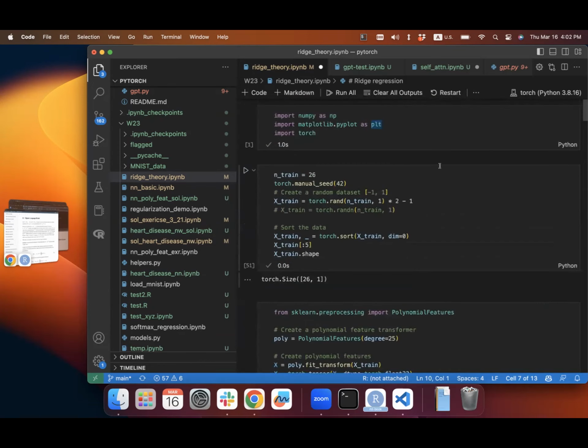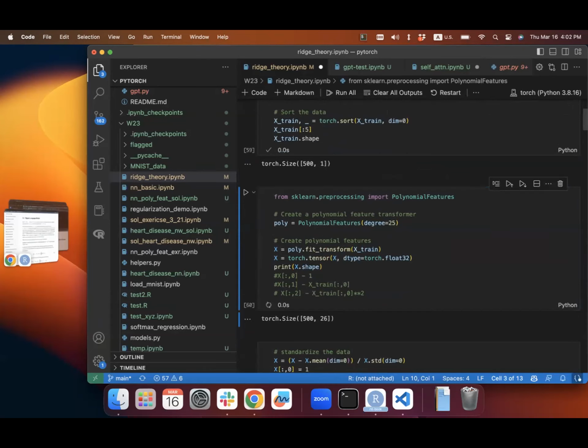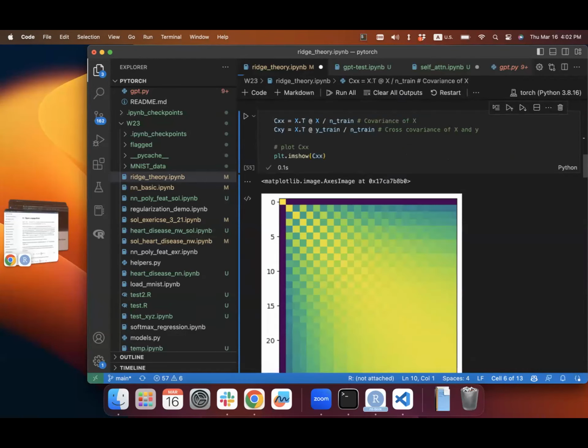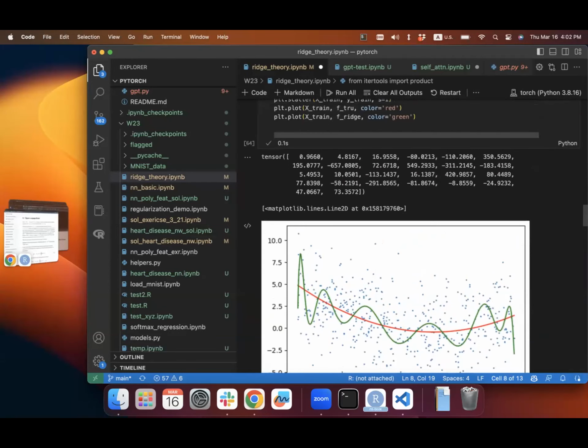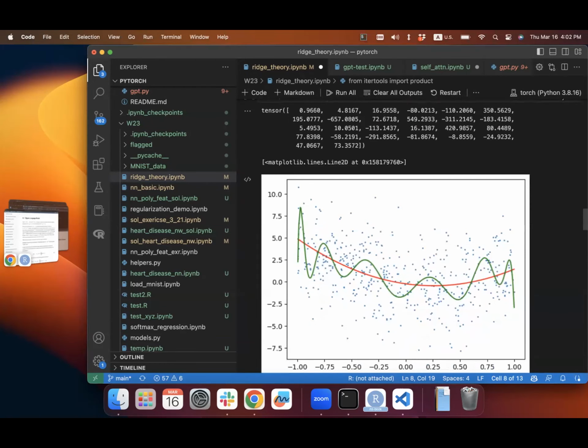See if by increasing the points, at some point it's going to be hard to invert. If you have more data points, you can't interpolate, but you can see it tries to interpolate.